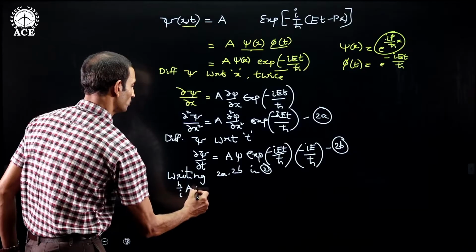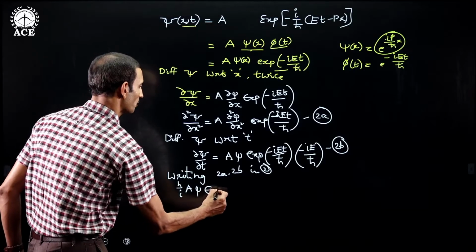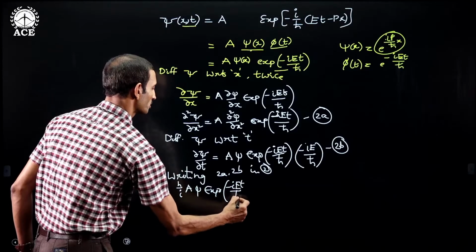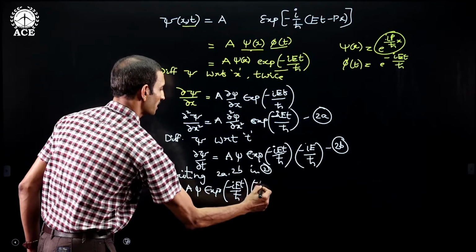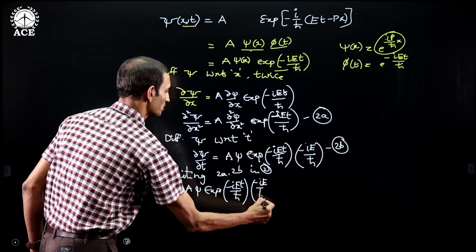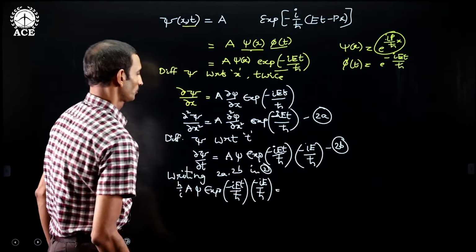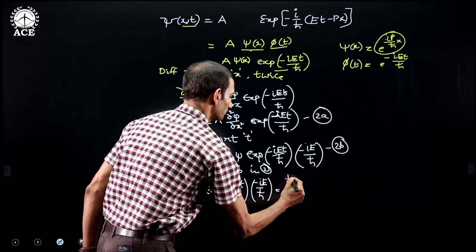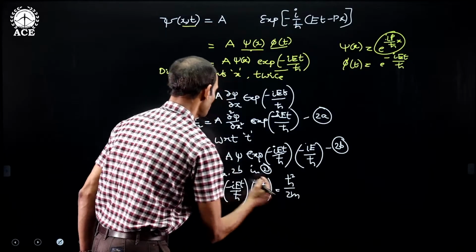So A into psi into exponential of minus iEt by h cross, into minus iE by h cross, is equal to, what is that at the other side? h cross square by 2m into dou square psi by dou x square.